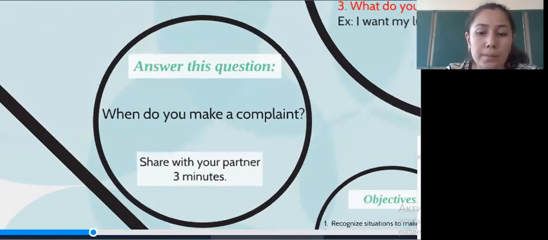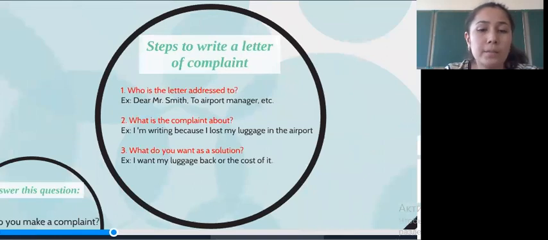Next one. Here, we will see the steps of writing a letter of complaint. The first step is the addressee. Firstly, we should give the address to whom we are going to write our letter.